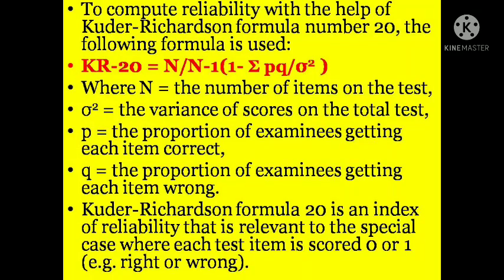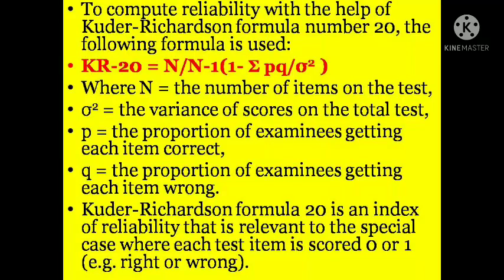To compute reliability with the help of Kuder-Richardson formula number 20, the following formula is used. KR20 is equal to n by n minus 1 into 1 minus sigma PQ by variance square, where n is the number of items on the test, variance square the variance of scores on the total test, P the proportion of examinees getting each item correct, Q the proportion of examinees getting each item wrong.